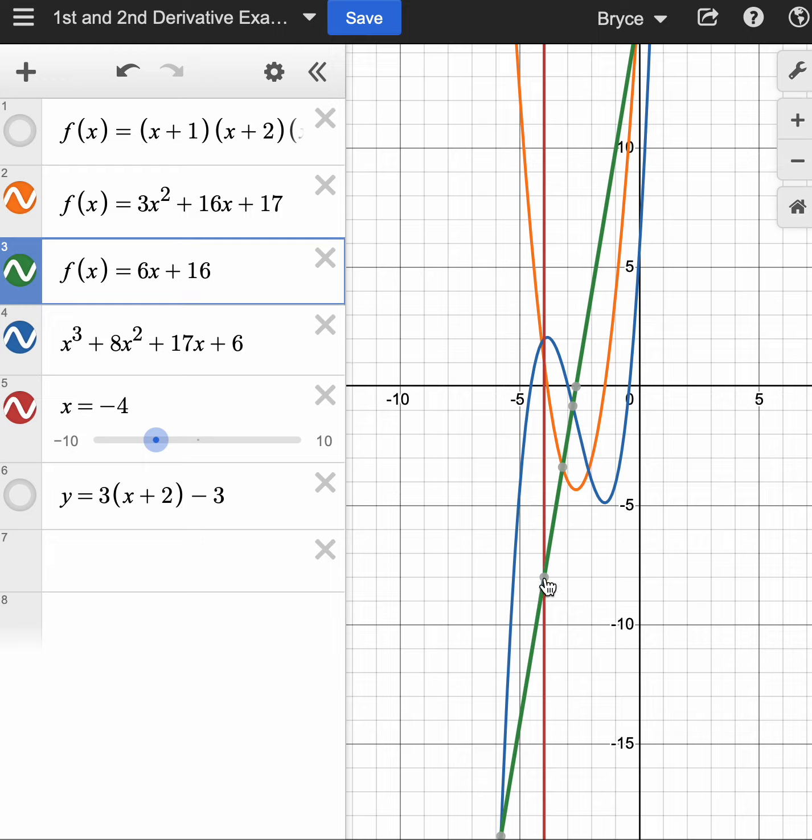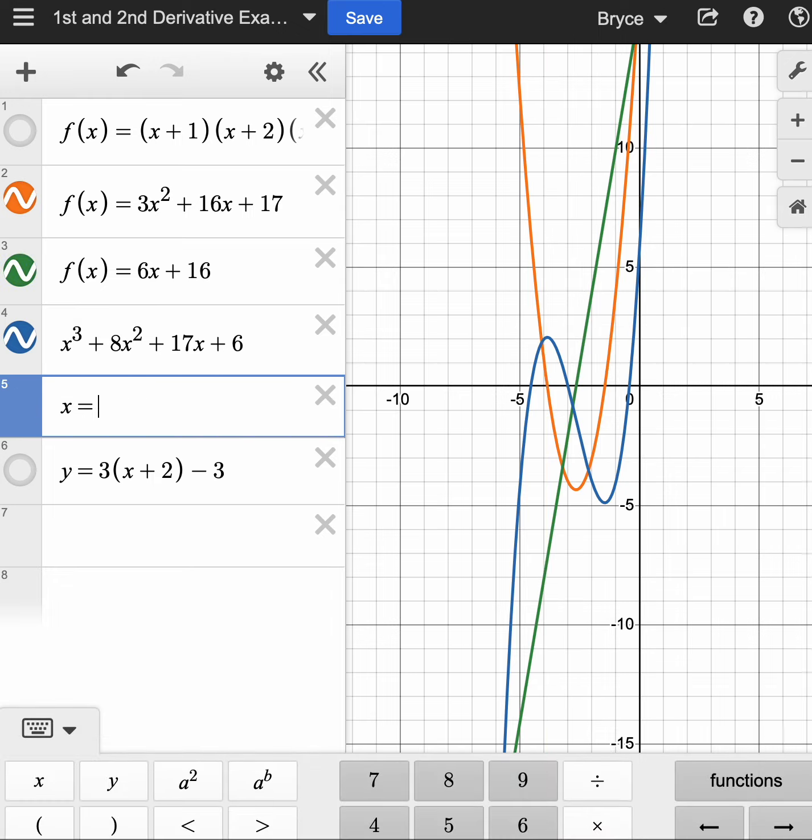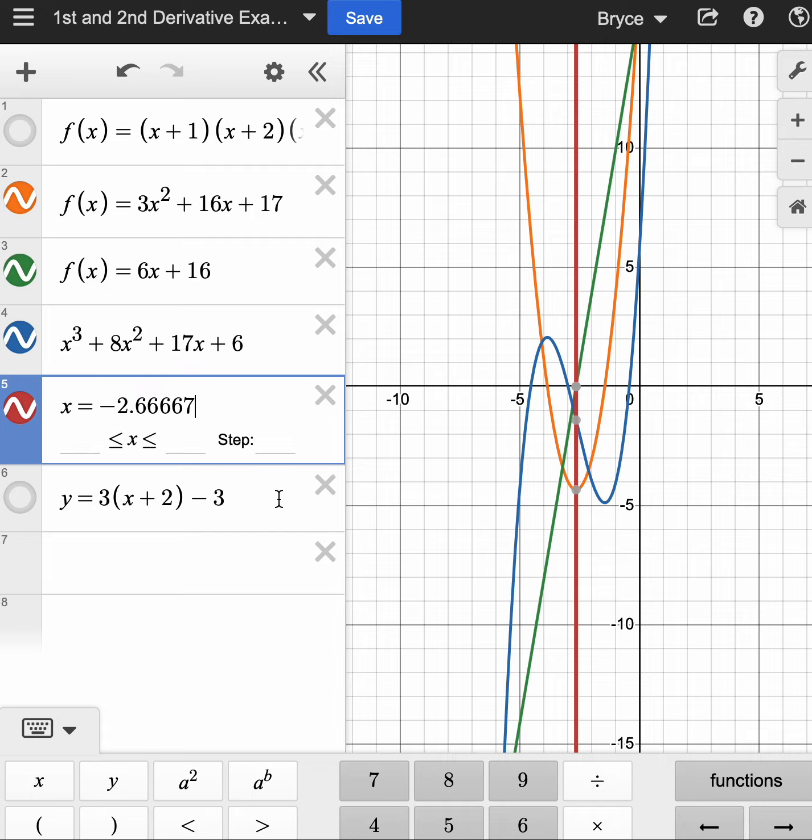And you can also use this to find the relative extrema. So if you can see on the second derivative the inflection point, or where second derivative equals 0, which means the inflection point is at -2 2/3.